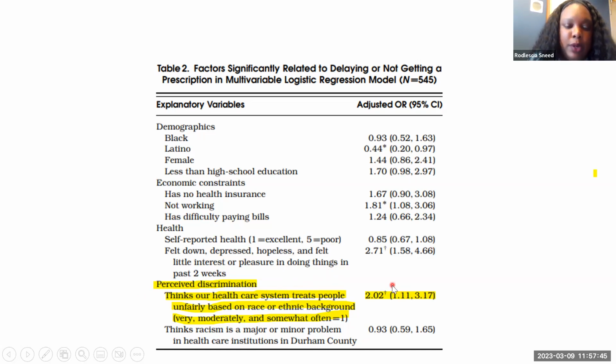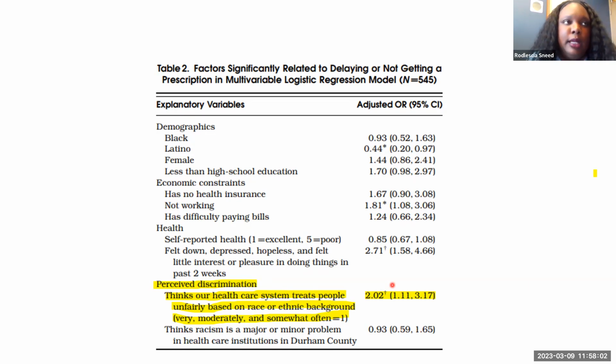So people who reported that they thought the healthcare system treats people unfairly based on race or ethnic background were twice as likely to delay filling prescriptions or to avoid getting prescriptions filled altogether than those who had lower levels of perceived discrimination.